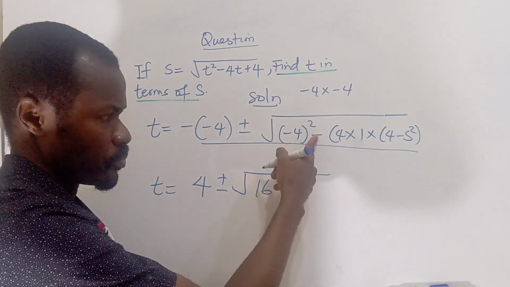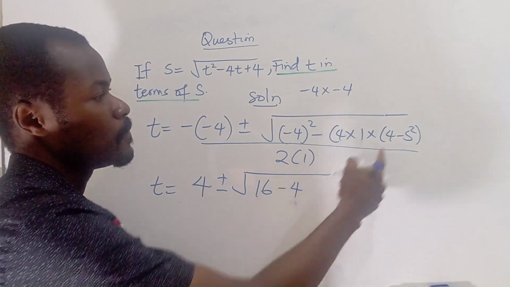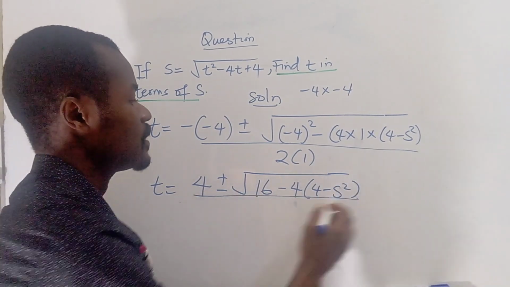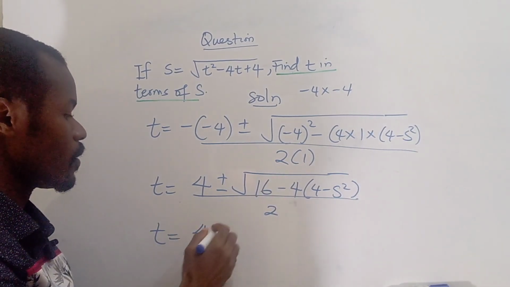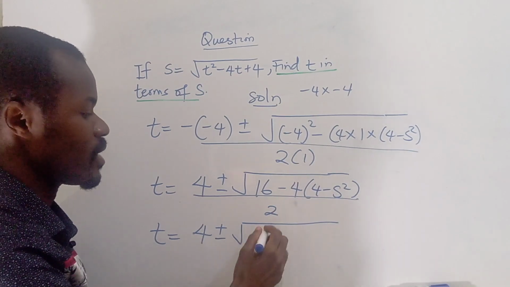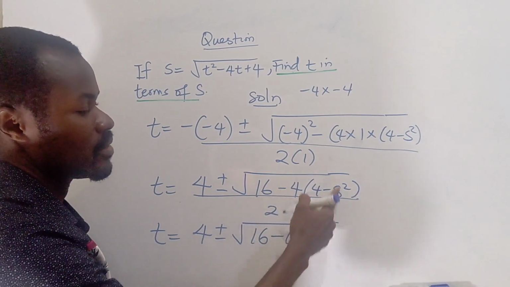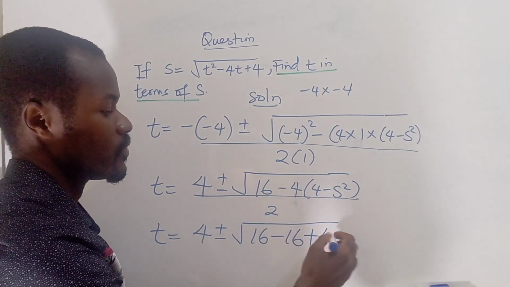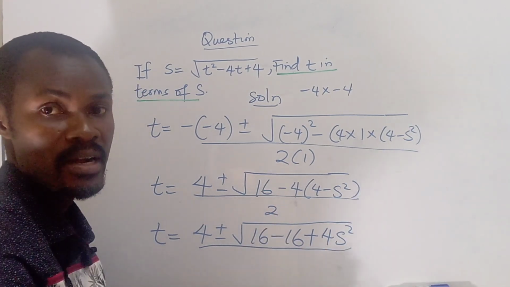Now minus times 4 times 1 is going to give us minus 4, then we have 4 minus s squared in brackets, all divided by 2. 2 times 1 is 2. So I have t equals 4 plus or minus the square root of, we open this bracket, so we have 16 minus 4 times 4 is minus 16. Minus 4 times minus s squared is going to give us plus, because minus times minus is plus. So 4 times s squared is 4s squared. Remember, all these are going to be divided by 2.